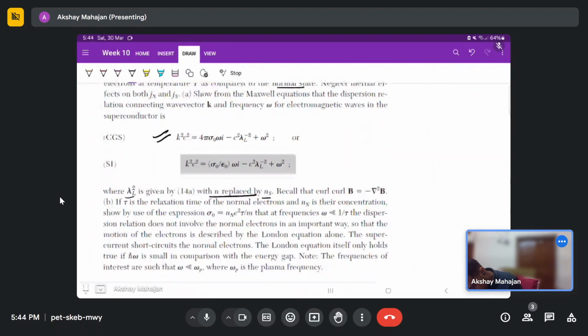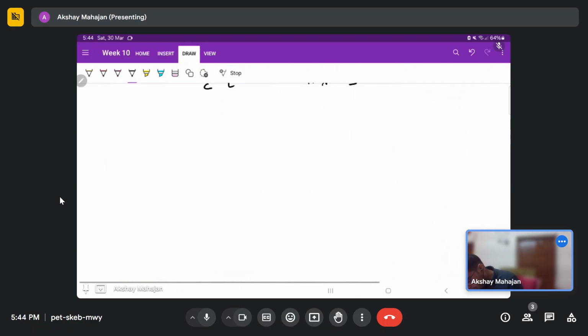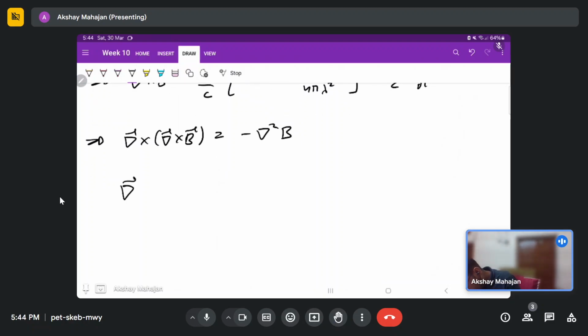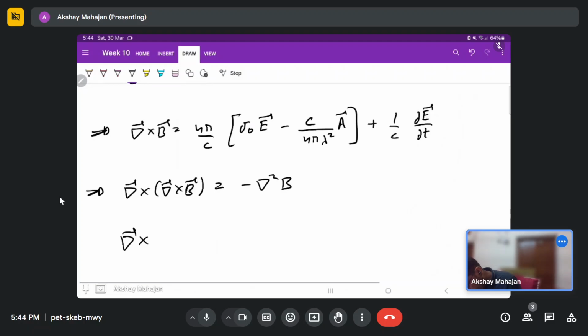Curl of curl of B is equal to minus del square B. So this is what we will use. Now we will use this curl of B vector, which is basically equal to minus del square B.